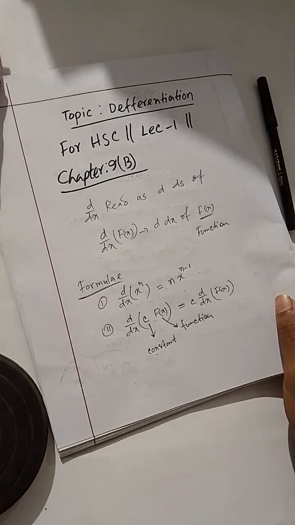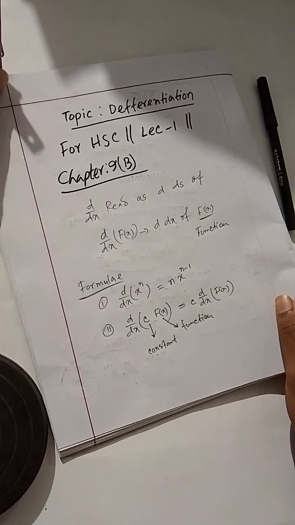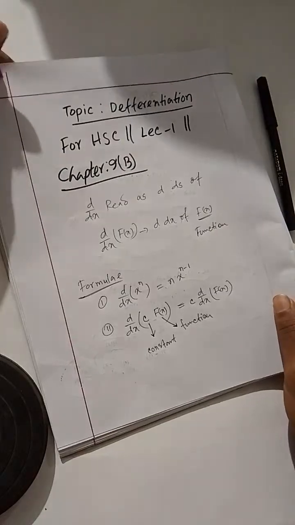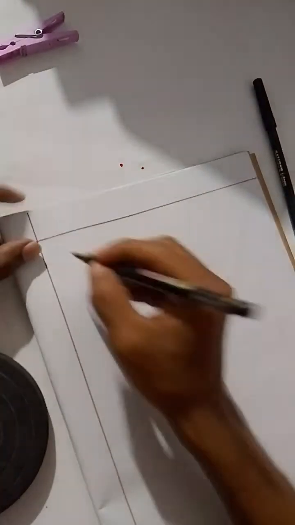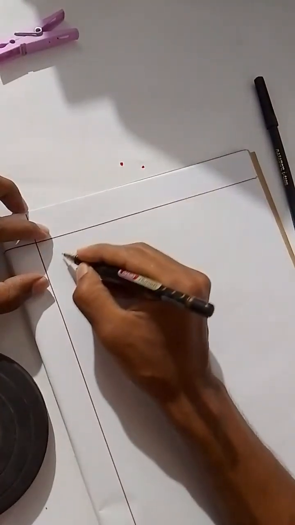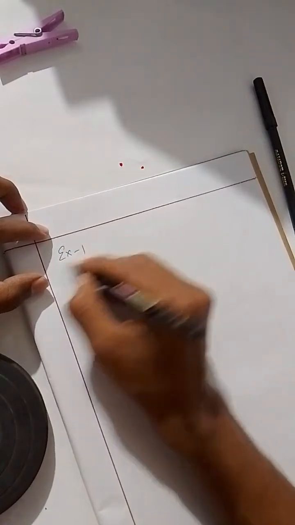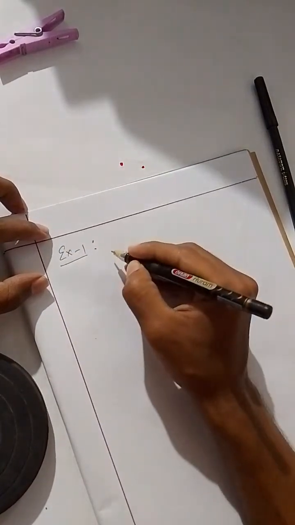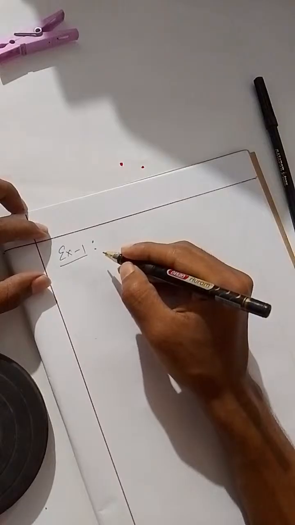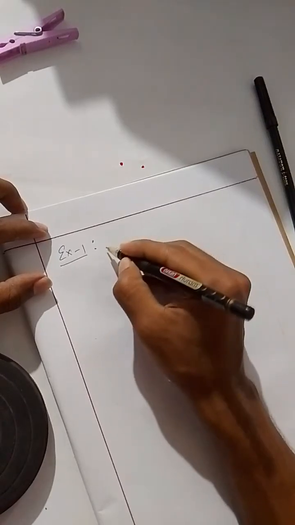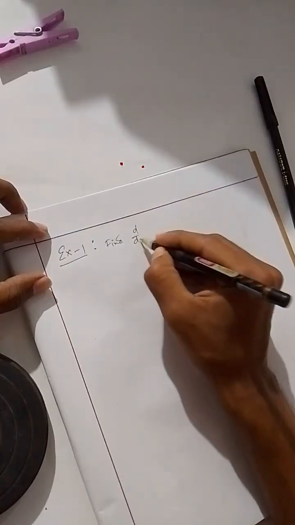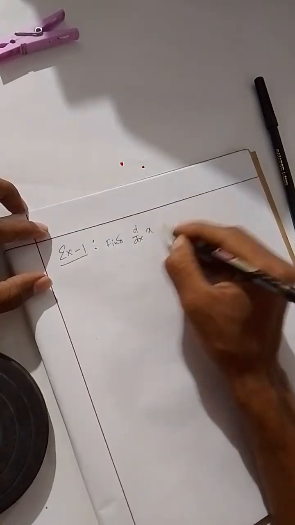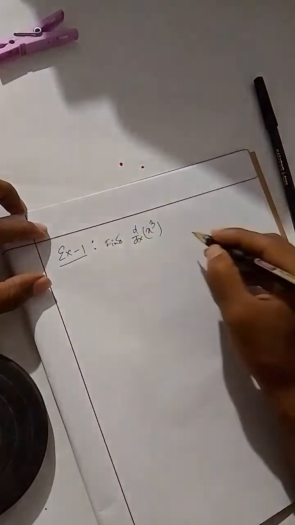So now let's take some examples, then I think you can learn more easily. Our first example is: find d/dx of x to the third.